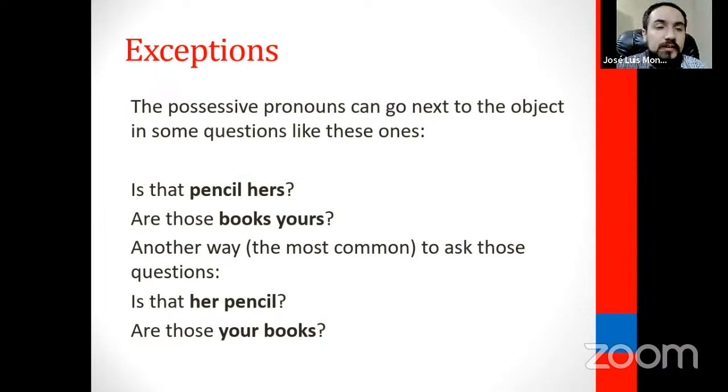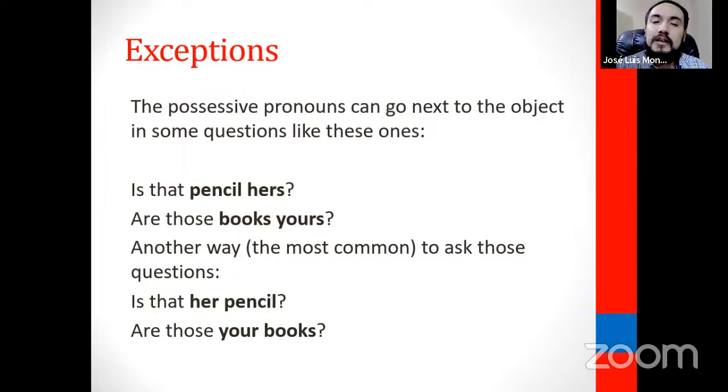And then exceptions. The possessive pronouns can go next to the object in some questions, like these ones, right? Is that pencil hers? Are those books yours? So they're next to one another, but they are not directly connected. It's just because of this question that you see them together. Yes, it is hers, but we don't say "it is pencil hers" or "it is hers pencil."